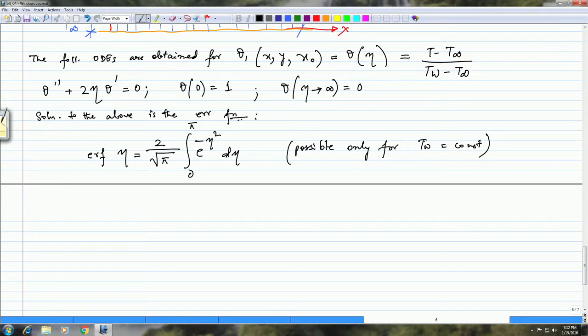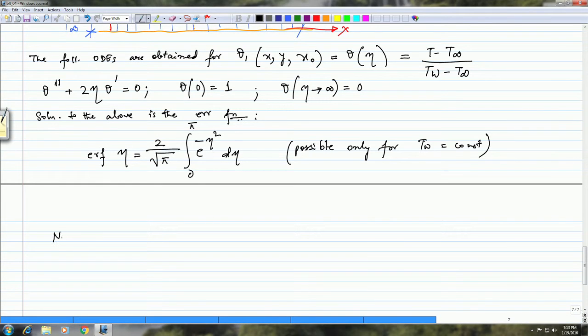So when we use the math and solve this, we get an expression for the Nusselt number. What is that?